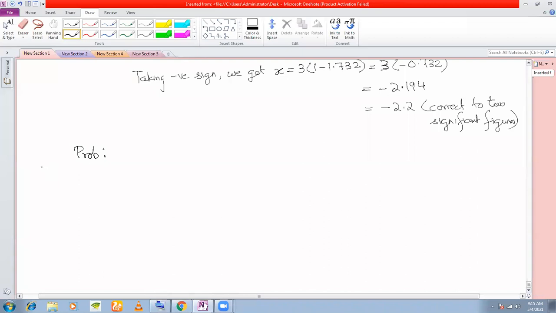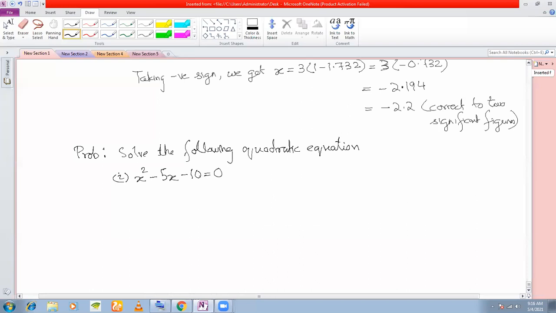Okay, so let us do this problem. Solve the following quadratic equations. Okay, first one is x square minus 5x minus 10 equal to 0, and this you will find the roots correct to 2 decimal places.